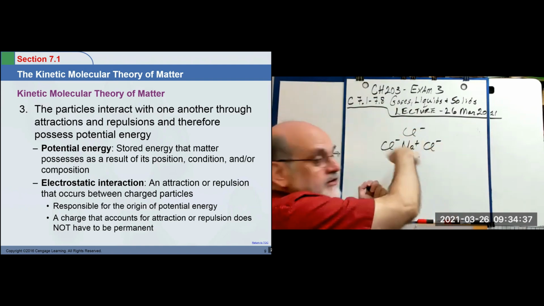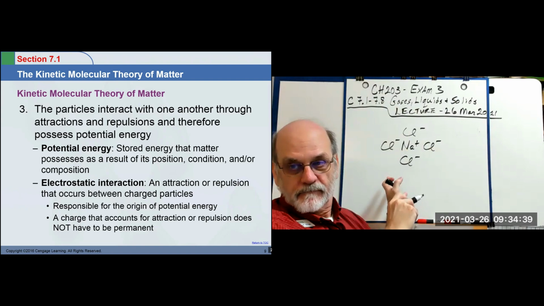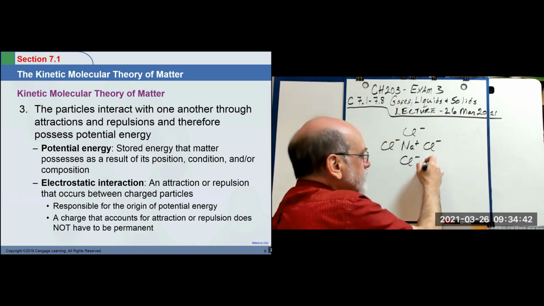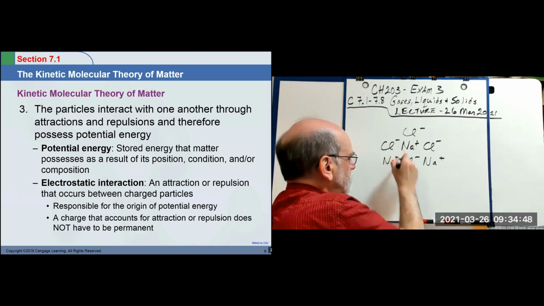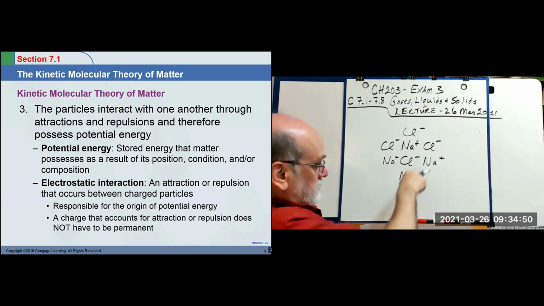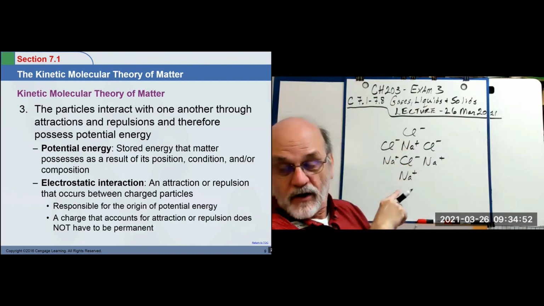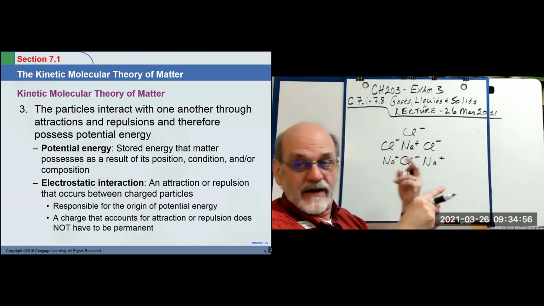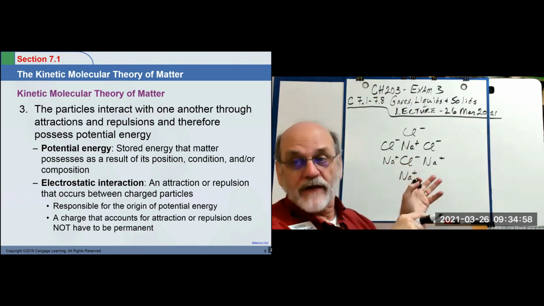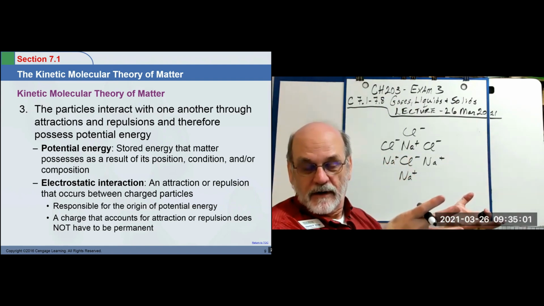So there are actually 6 chlorides surrounding each sodium. And you have sodiums here, like that. So you have 4 sodiums surrounding that chloride, and then a sodium ion behind, and sodium in front. So for every chloride, there are 6 sodiums.